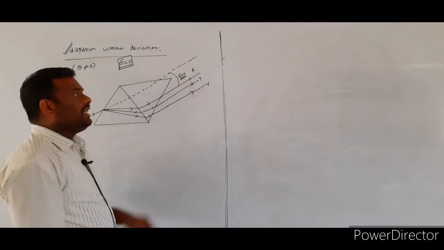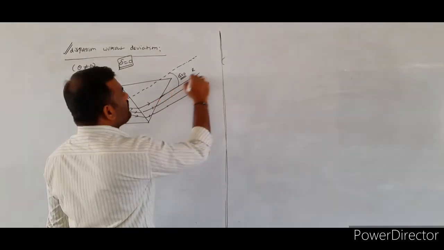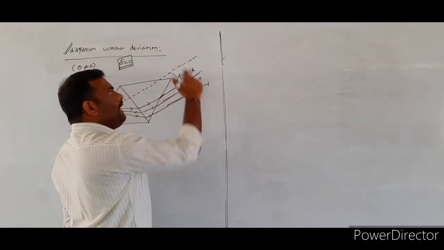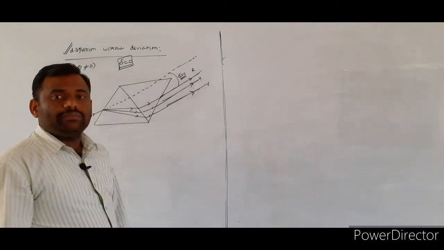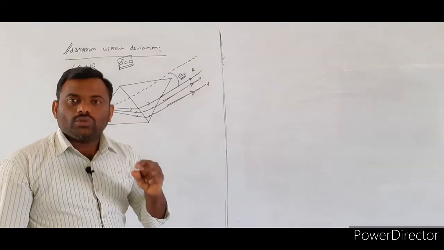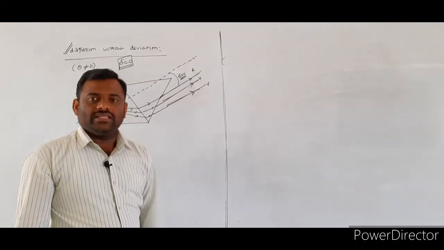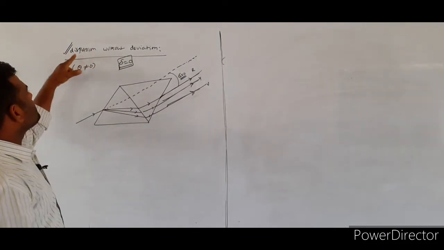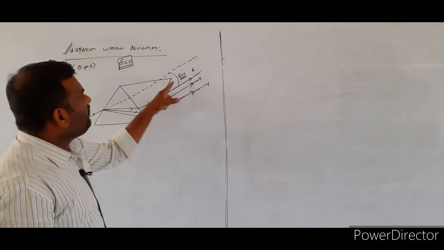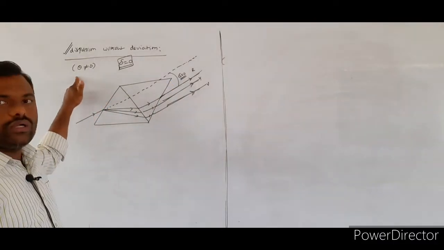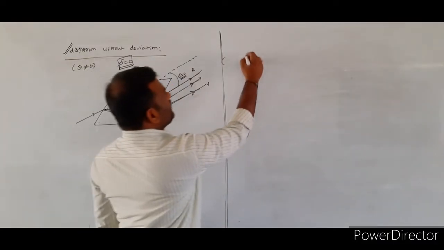Whenever the outcoming dispersed light rays are parallel to the incident beam of light, then we say that no deviation takes place. So in the case of dispersion without deviation, delta value is equal to 0 and theta value is not equal to 0.